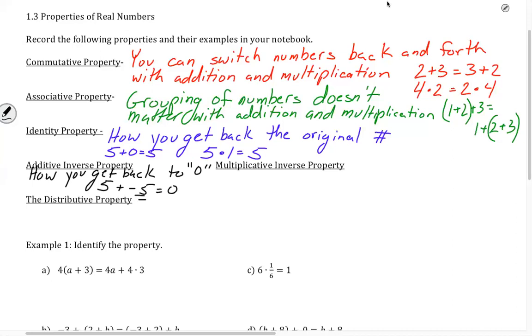It's how I'm getting back to 0 where I started. Okay? And the multiplicative inverse is the reciprocal. It's how you get back to 1. So for ours, it's 1/5, because that's going to get me back to 1.